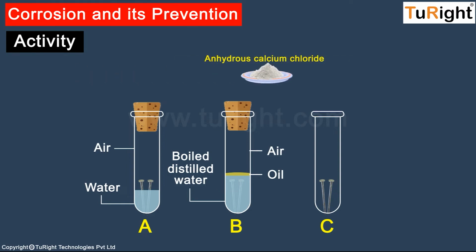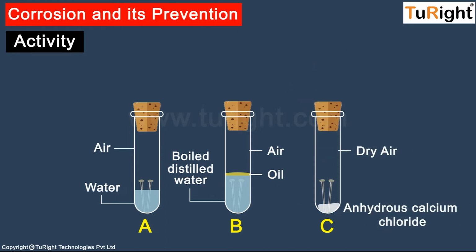Put some anhydrous calcium chloride in test tube C and cork it. Anhydrous calcium chloride will absorb the moisture, if any, from the air. Leave these test tubes for a few days and observe.